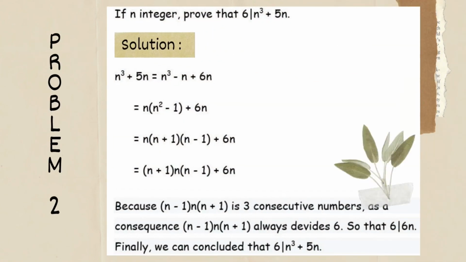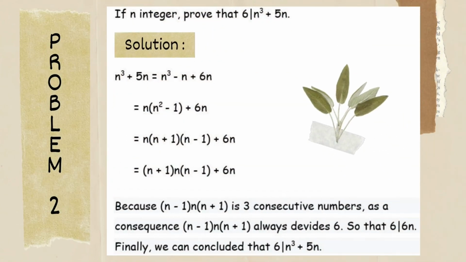Problem number 2 will be explained by Yaumil Aksa. Okay, let's see problem 2. If n is an integer, prove that n cubed plus 5n is divisible by 6.